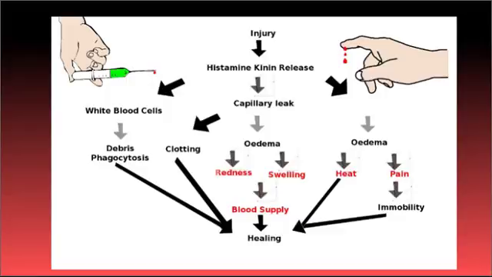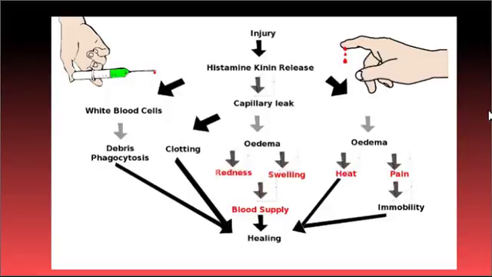The plasma leaks into the tissue around the injury, so it affects surrounding tissue. The kinins dilate the arterioles, and the capillary endings are more permeable, and this is all, see the capillary leak, and the purpose of this is to lead to, again, healing.